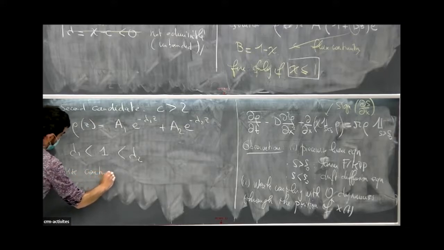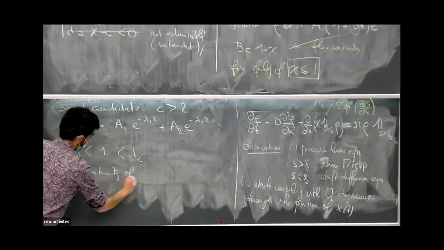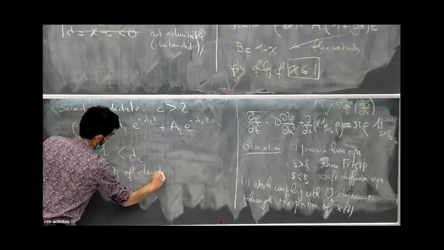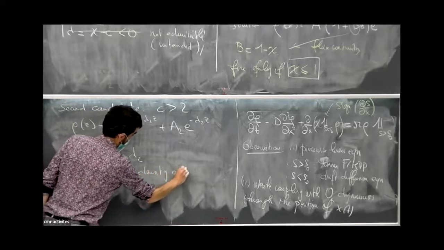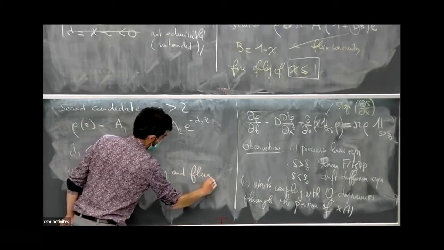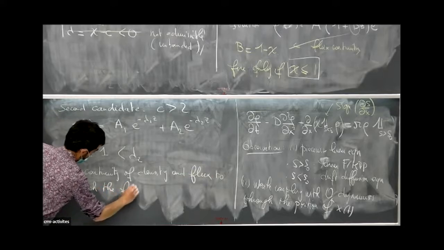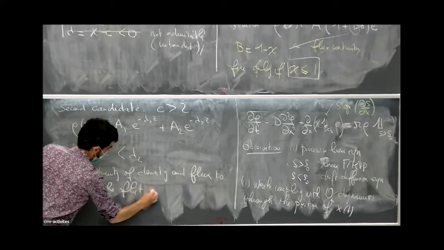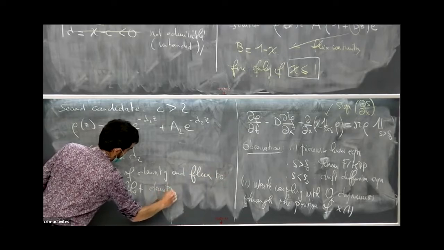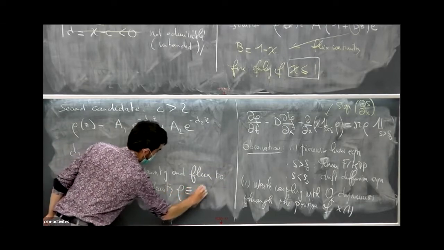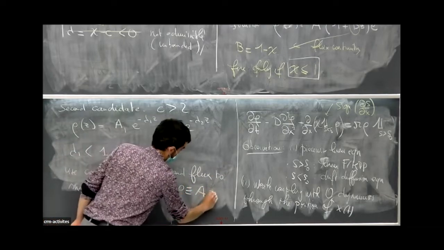Okay, and again, you have to use continuity of density and flux to match the flat density at z equals 0.